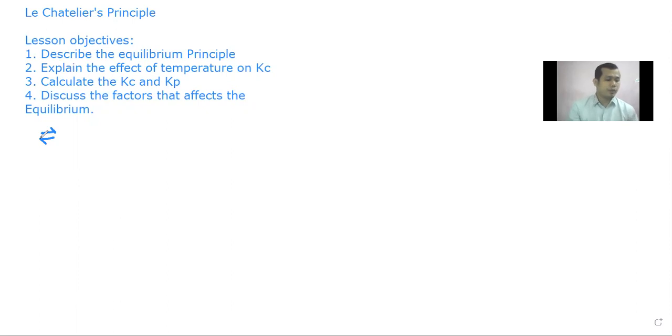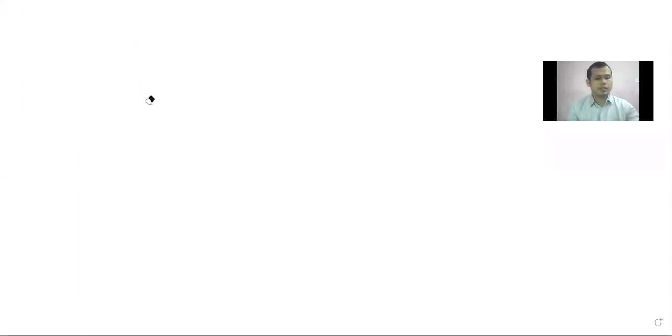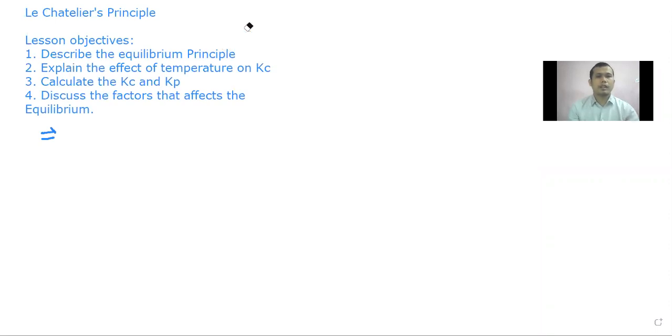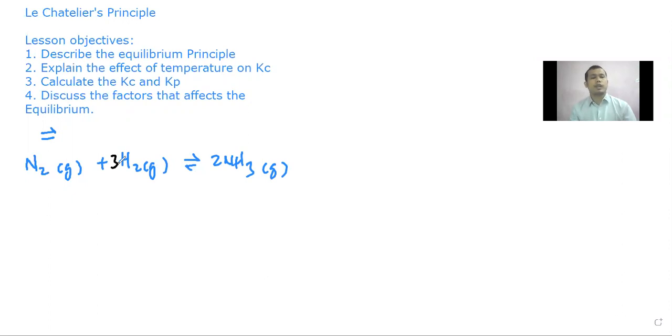For example, one example is the reaction between nitrogen gas plus hydrogen gas to give ammonia. If we read this chemical reaction, you should be able to balance the coefficients so that the number of atoms on the left hand side equals the right hand side.